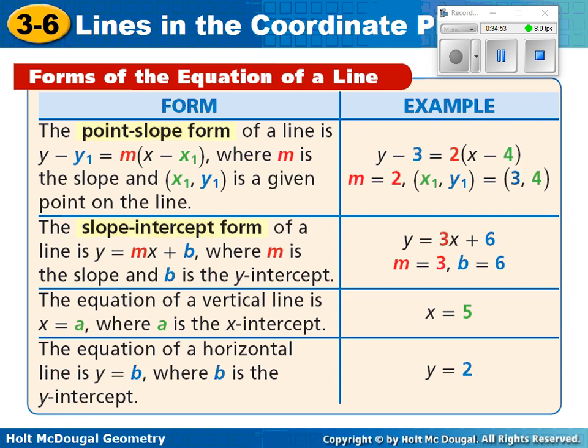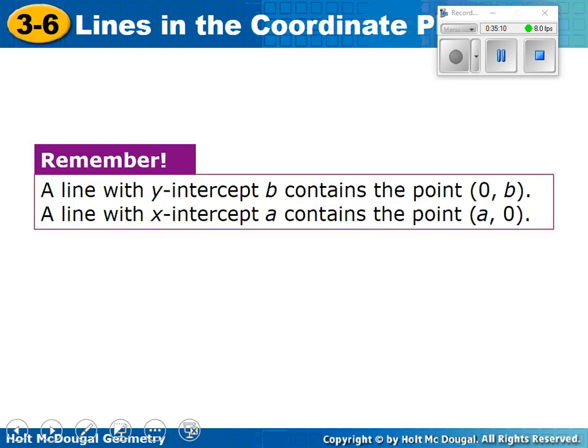Slope intercept form, what that looks like. That the equation of a vertical line is x equals a number, which that number is your x-intercept. And the equation of a horizontal line is y equals a number, where that number is your y-intercept. And we talked about how to write those x-intercepts and y-intercepts as ordered pairs. Y-intercept is (0, b). X-intercept is (a, 0).